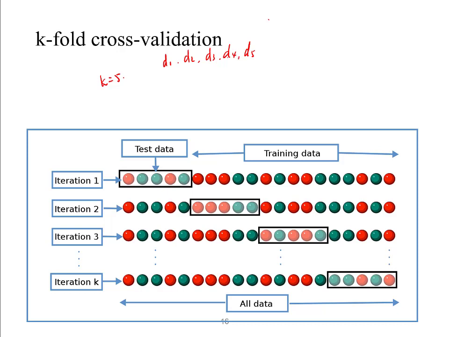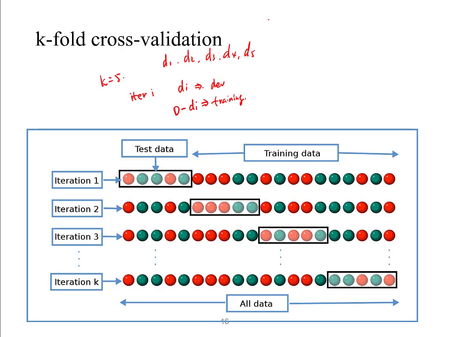At each iteration, so there would be k iterations, in iteration i, we use Di as the development set or test data, and we use D minus Di, all the rest of the partitions, as the training data.